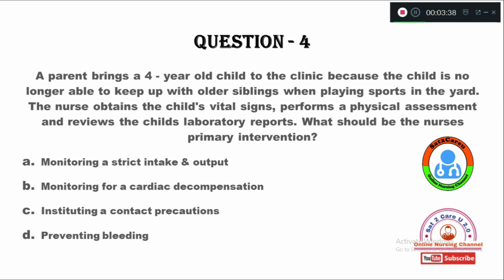What should be the nurse's primary intervention? Option A, monitoring a strict intake and output. B, monitoring for cardiac decompensation. Option C, instituting contact precautions. Option D, preventing bleeding.